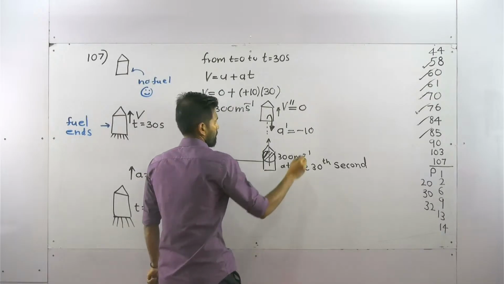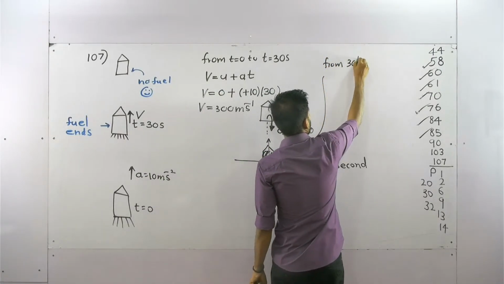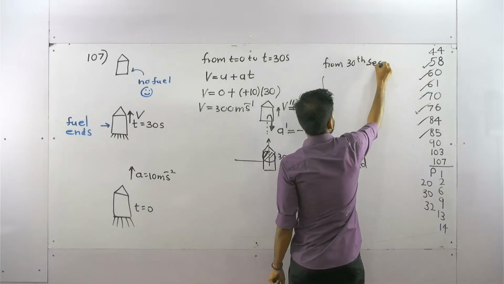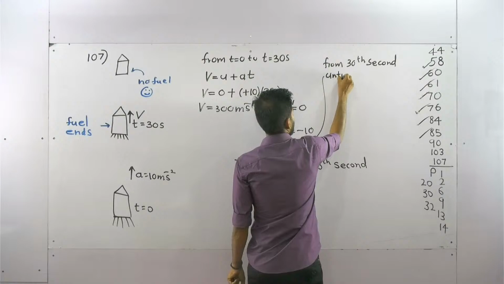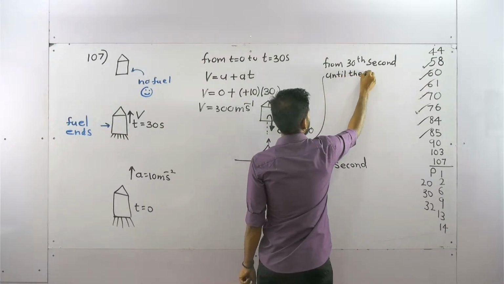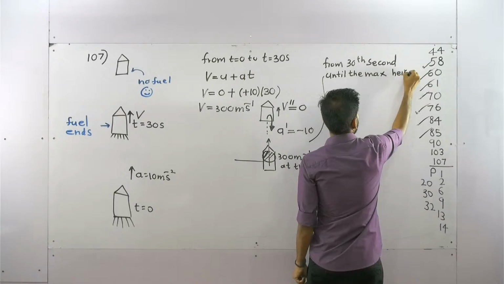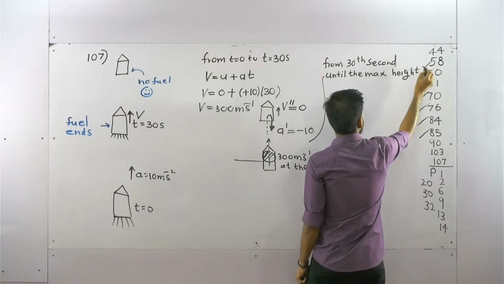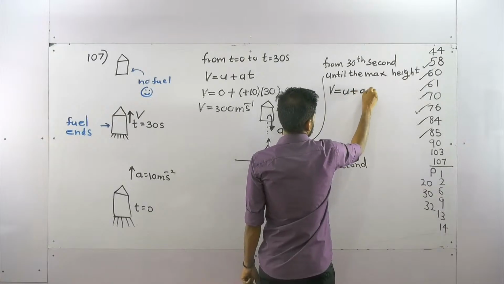Okay. From the 30th second until the max height, applying V equals U plus AT.